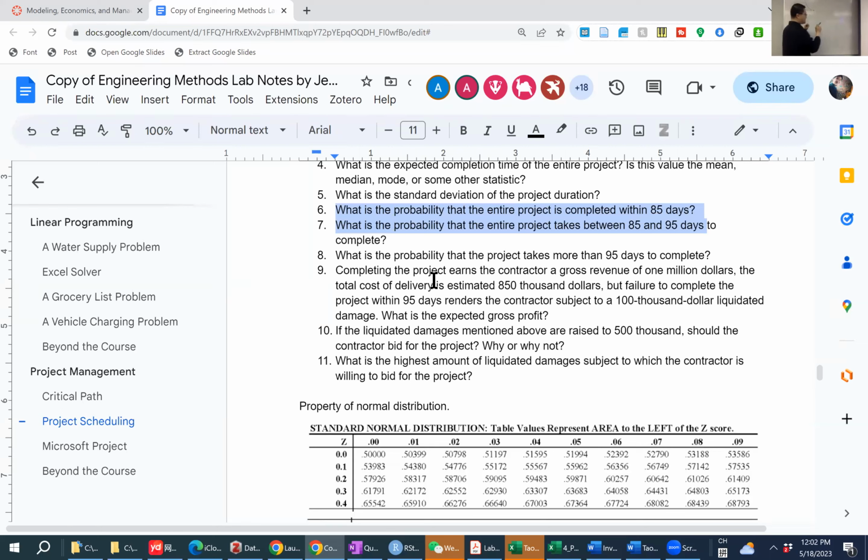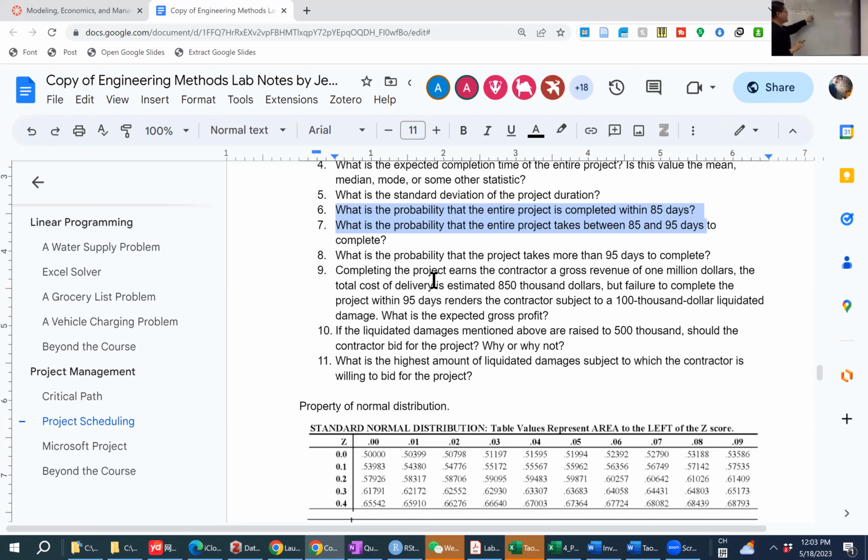All the calculation we just did comes in here. So this mu, the mean, is going to be our total duration. And the standard deviation comes here. The standard deviation is calculated as the square root of the sum of variance.